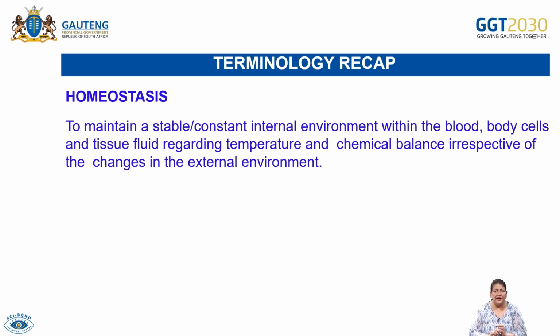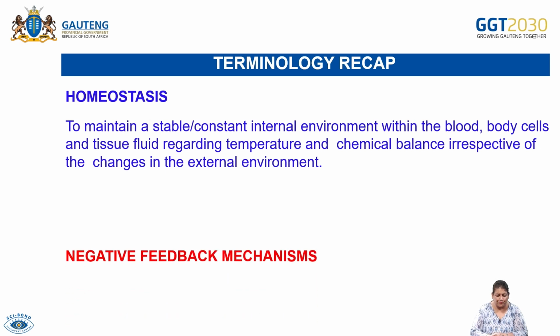Our chemical balance, such as glucose, water, salt, thyroxine, all those factors must also be kept constant in our blood. All right, irrespective of the changes outside. So it's the maintenance of a constant internal environment regarding chemicals and regarding temperature, irrespective of the external environment.